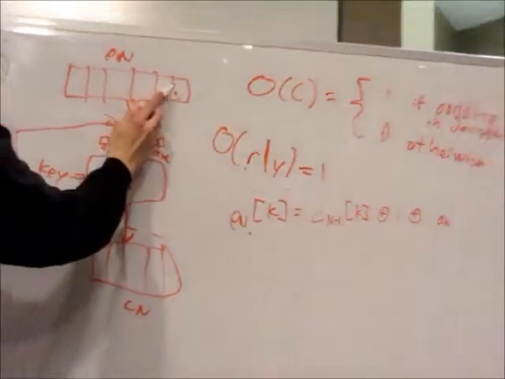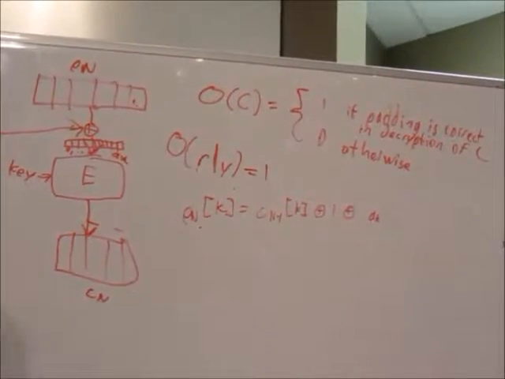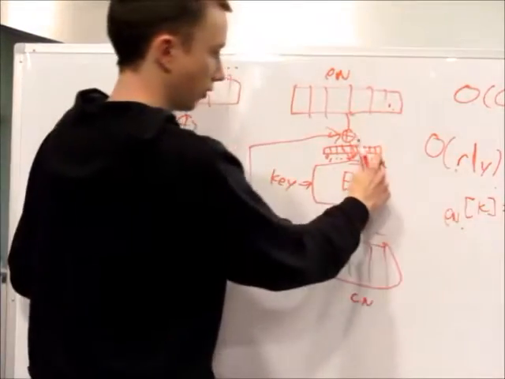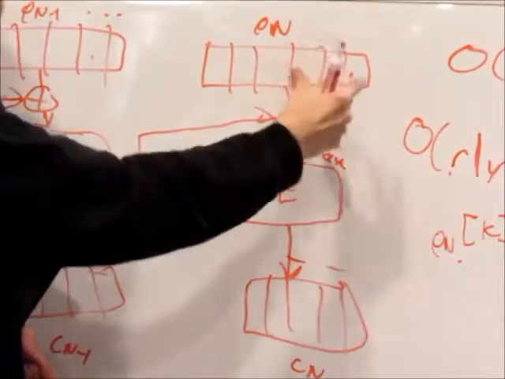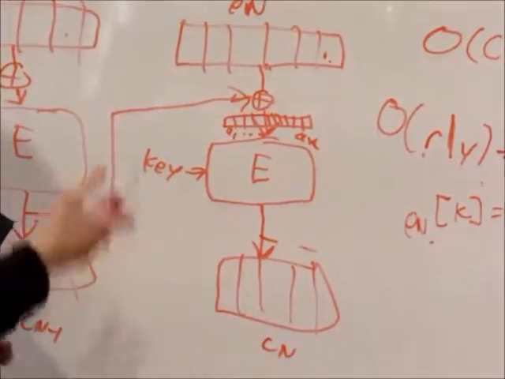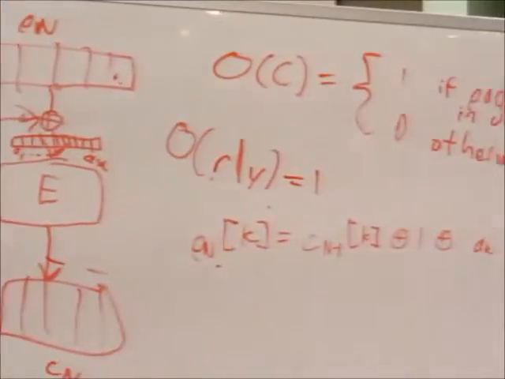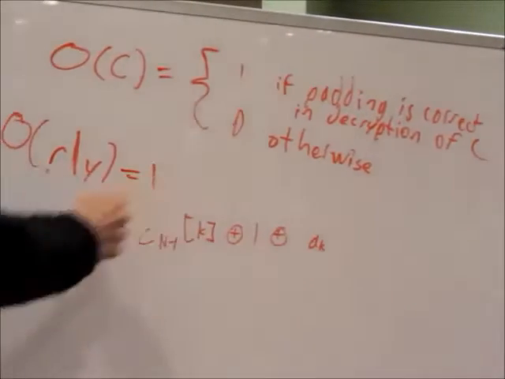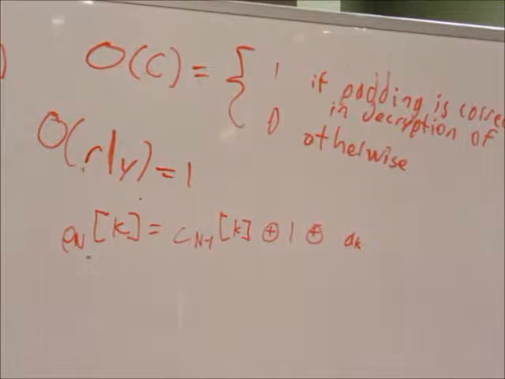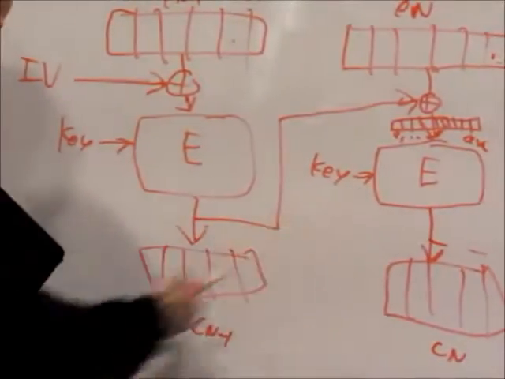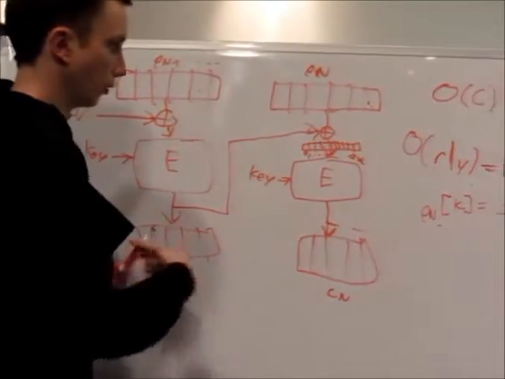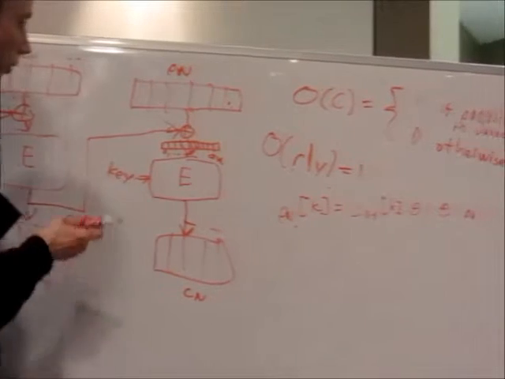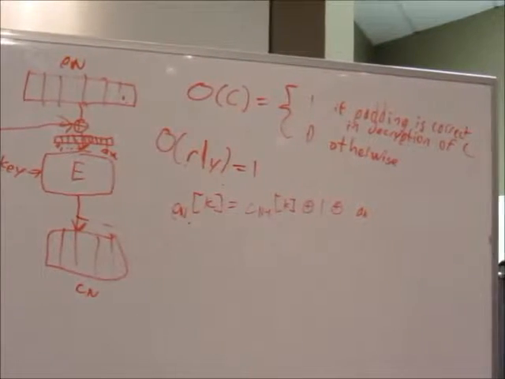The final byte is equal to this final byte XORed with this final byte here, plus the padding that we generated, which is 1. So we've actually decrypted the final byte of this block, and it's just that equation. We know what C of n minus 1 k is because we have the complete ciphertext. We've just derived this number, so we have everything we need to get the final byte.